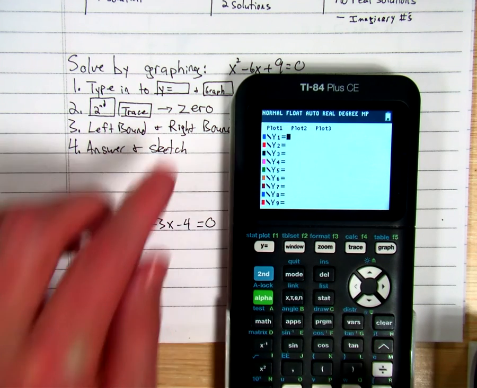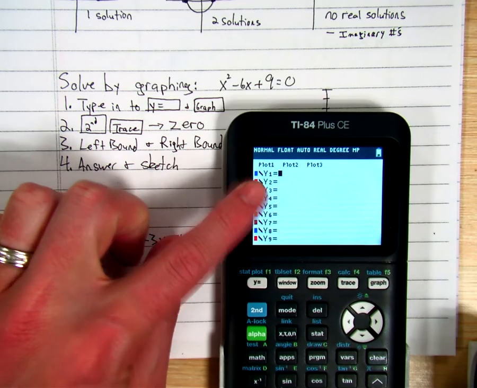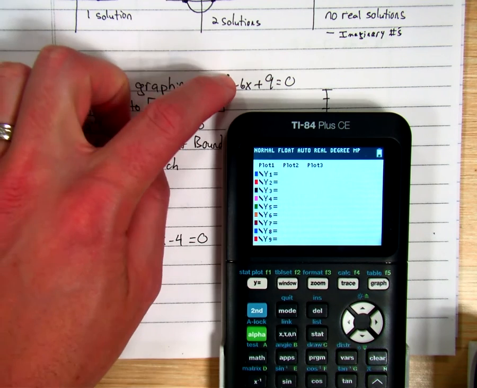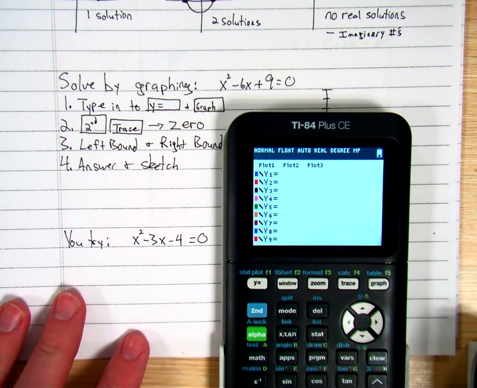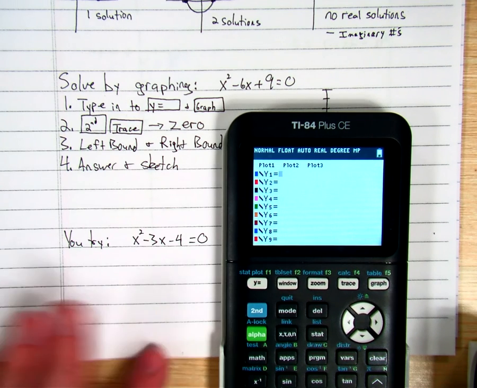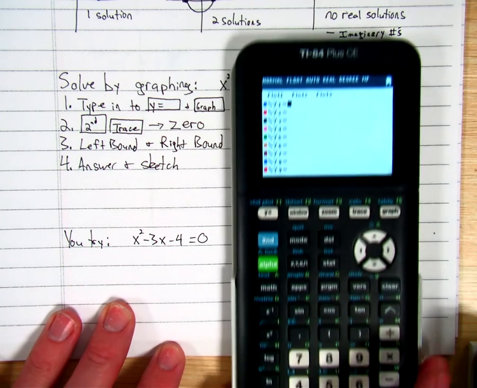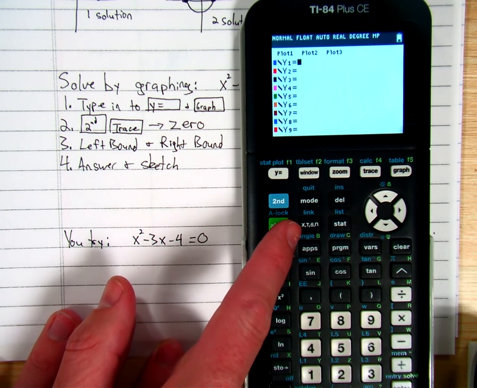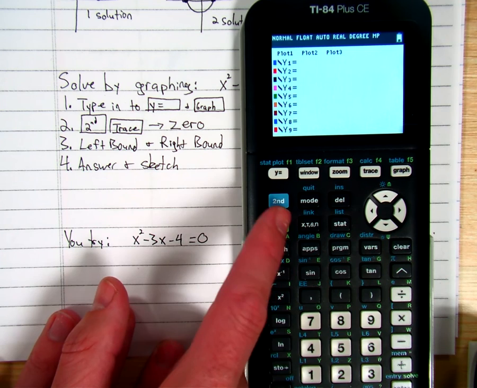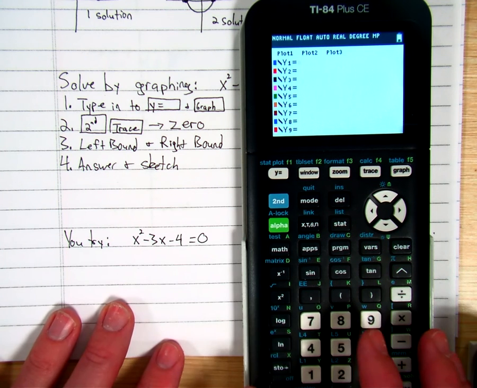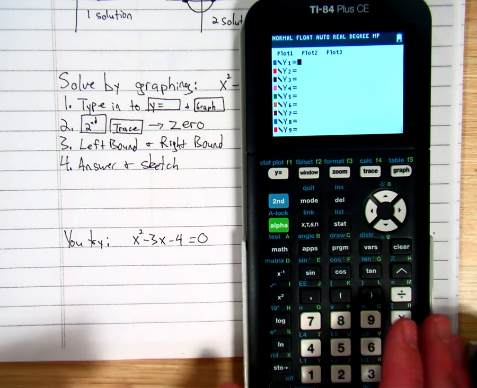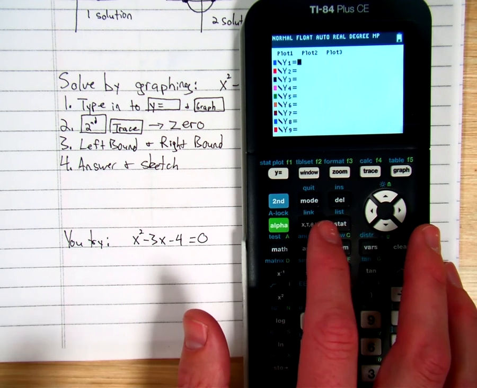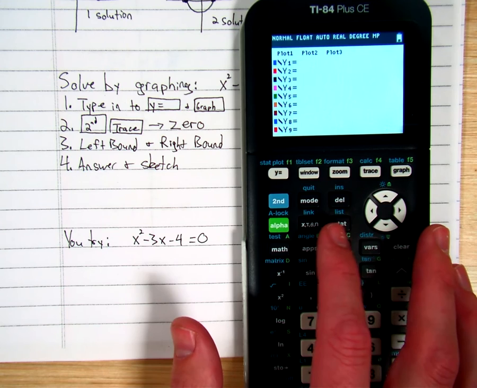Typing in y equals x squared minus 6x plus 9. Two new buttons for you, or possibly new buttons. The X button is going to be next to the alpha button. It says X, T, theta, and N. For the mode we're in, it's going to give us X. When you get into more advanced classes and change the mode of your calculator, this button will give you the different letter that fits that mode.